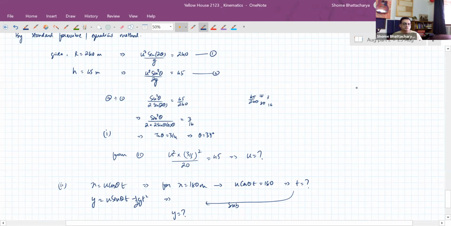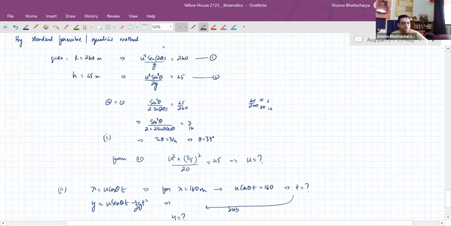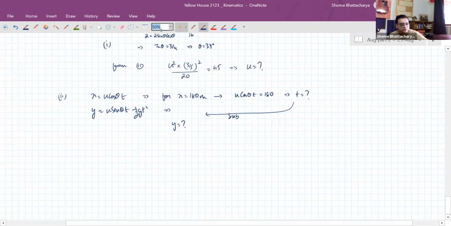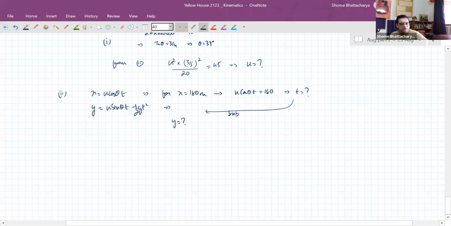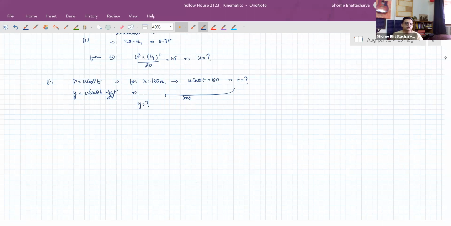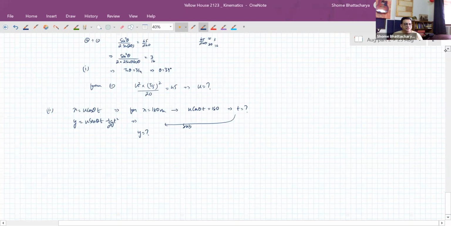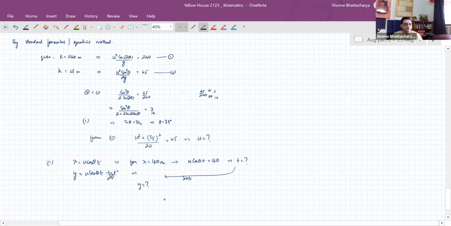But you can see this is quite a lengthy method. In comparison, it's quite a bit more lengthy than the usage of equation of trajectory, especially the second part, because you have to solve for time, substitute and all that. And before that, you have to find u also, okay, so that you can solve for time. So I think you will get u as 50 meters per second.